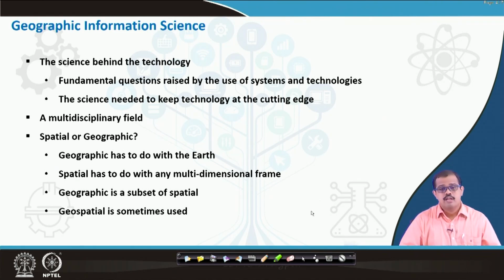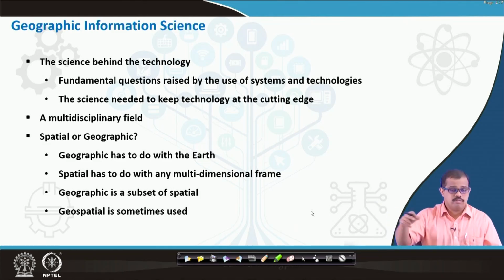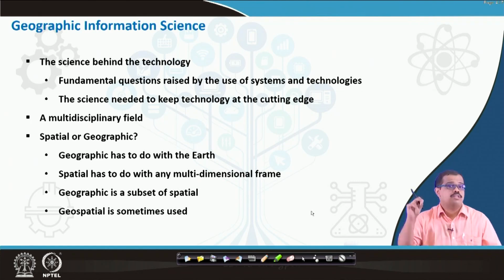For example, when someone is trying to find out how many pizza stores are there in this particular city, then you are trying to find out how many pizza stores are there in a spatial region. But if you are trying to find out how you drive from your house to that particular pizza store, you are giving the geographic information about the earth, how you have to move, either on a walk or on a bicycle or in a car. You are defining the geographic part of it. So that is the difference between a spatial part and a geographic part.